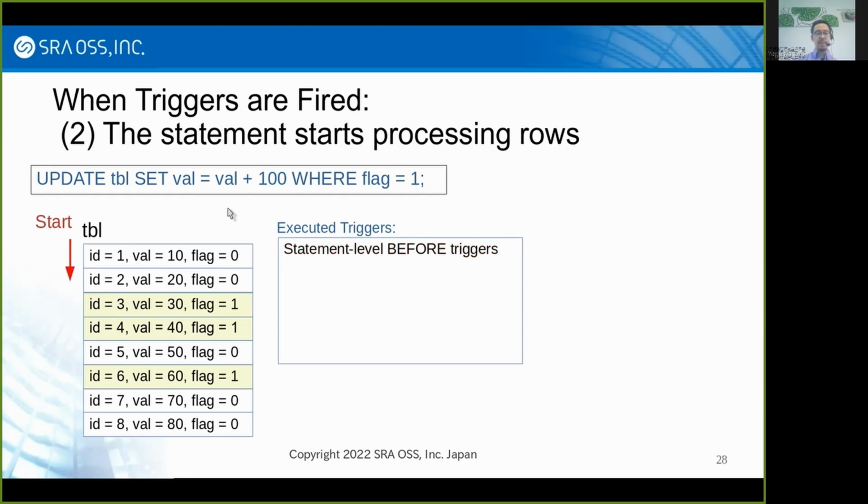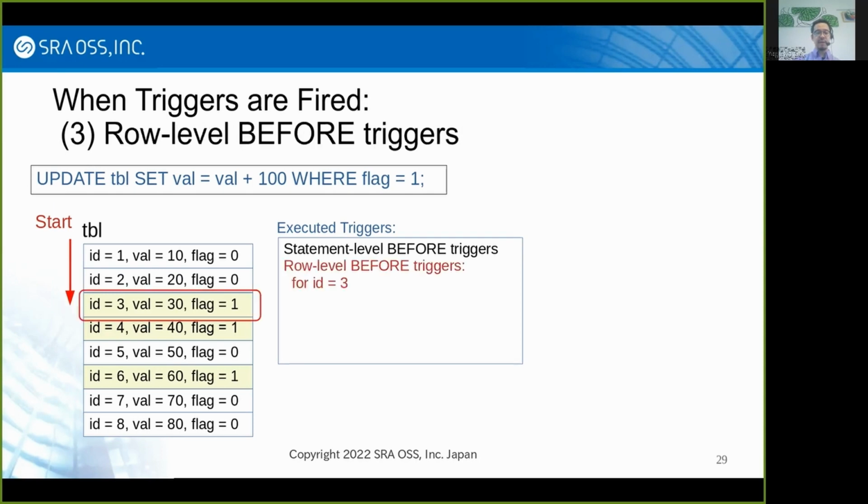And after that, the statement starts processing rows in the table. And then the first row whose flag is 1 is found.